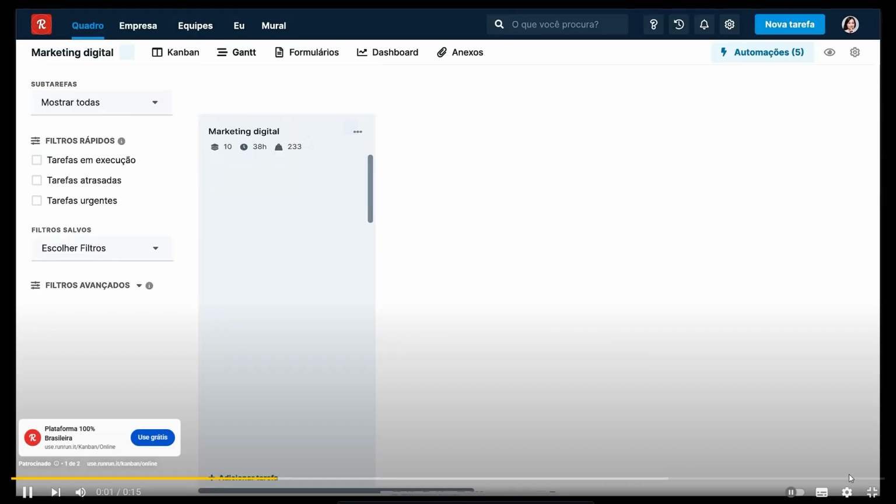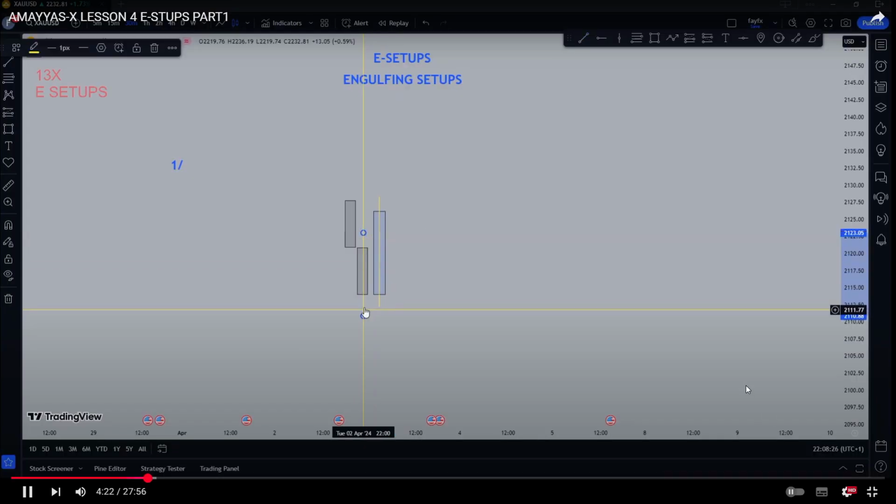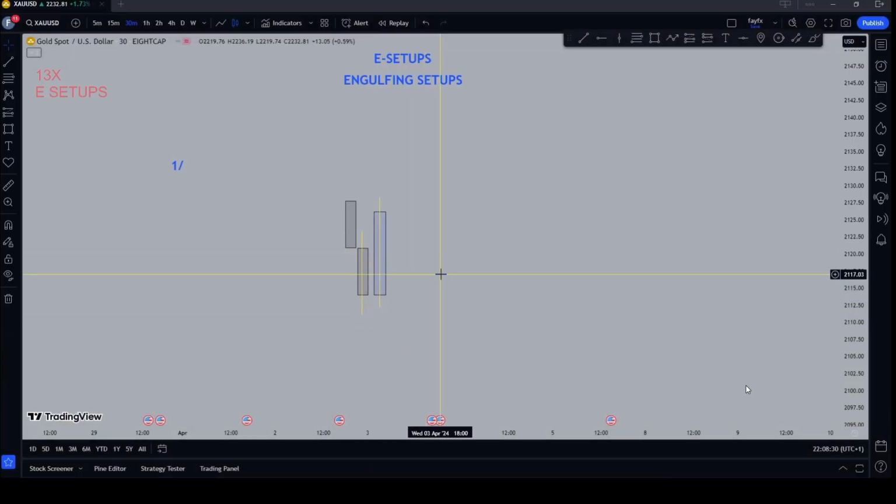Like you see here, this candle totally engulfed the previous one.